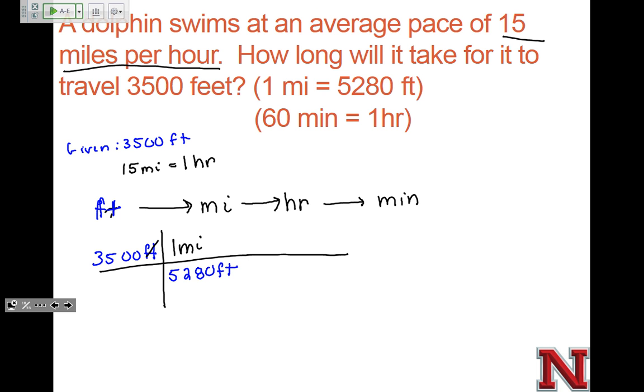My feet can cancel out. Then I have my relationship that was given to me in the problem. This relationship would be different if I was talking about a cheetah swimming. So that's a specific relationship. And my 15 miles goes at the bottom because miles cancel out. And my 1 hour goes at the top.